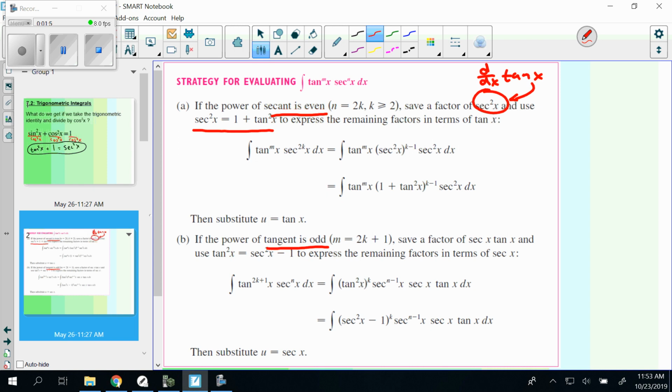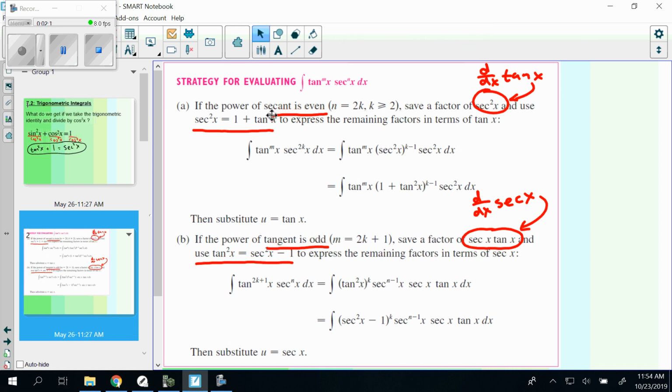If tangent's odd, we're going to save a secant tangent out of that, because we know the derivative of secant is secant tangent. And then again, we're going to use that same trig identity to replace the rest of the tangents.